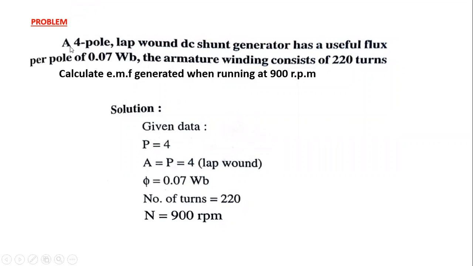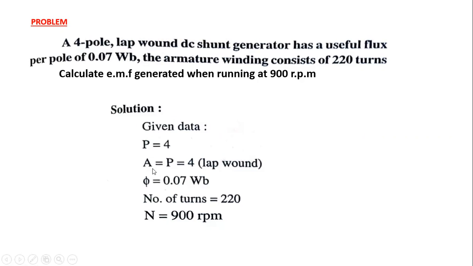The last problem, that is the fourth problem, which was discussed in the previous class: a 4-pole lap wound DC shunt generator has a useful flux per pole of 0.07 Webers. That means P is equal to 4.